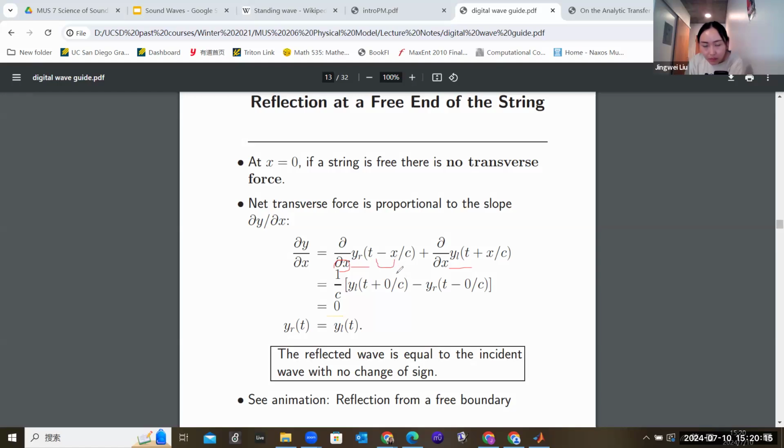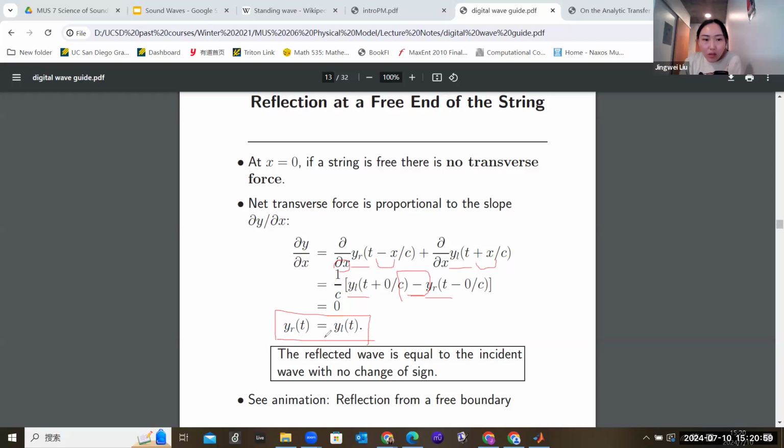Therefore the derivative is 0, and therefore y LT equals y RT, because of the minus. This is why we derived this.